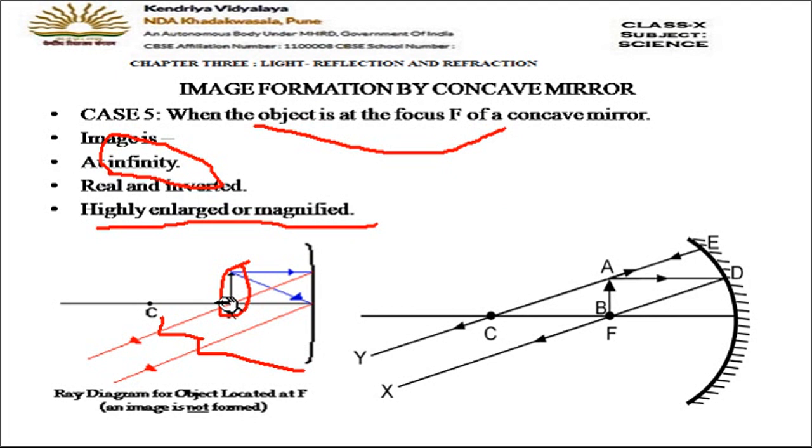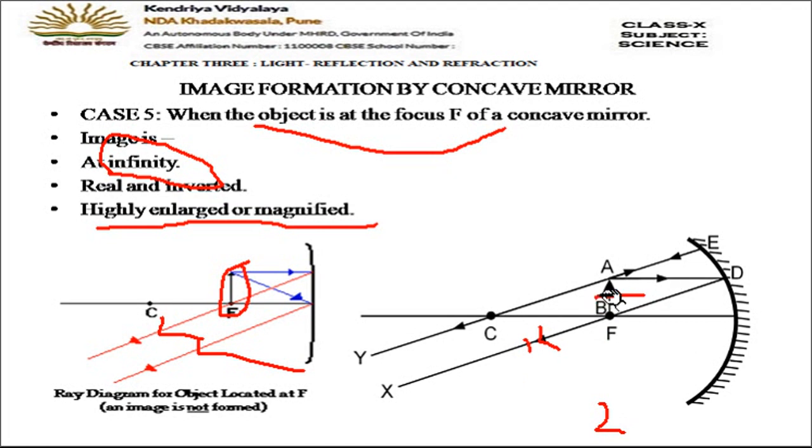Now this same case can be shown with diagram number 2. So here is our object AB. Now you can see that one ray is again the same, we take it parallel to the principal axis, and it will pass through F. So this is the reflected ray number 1.